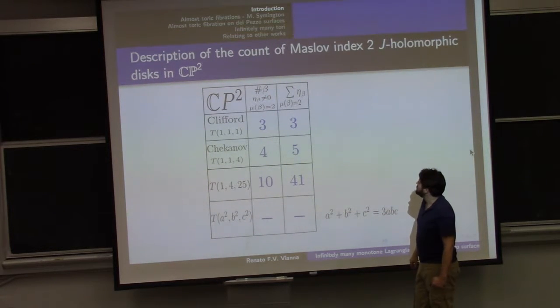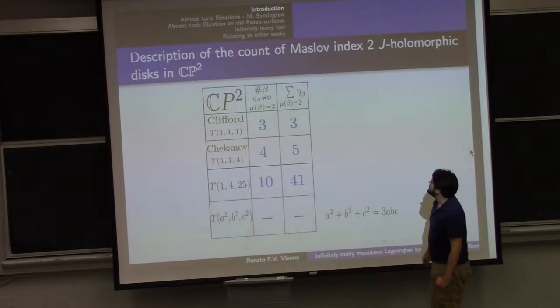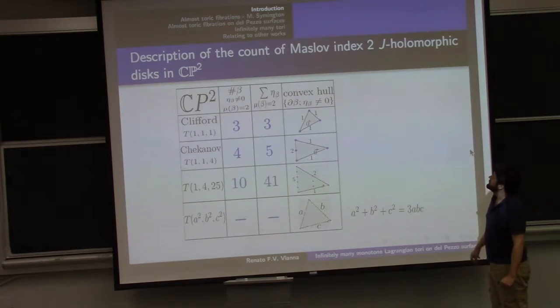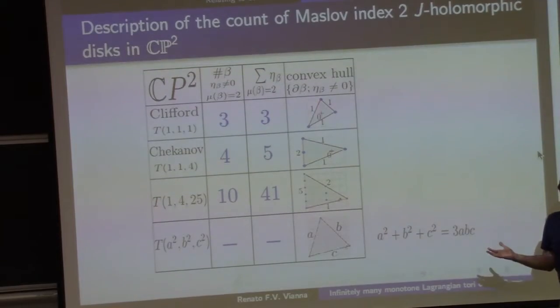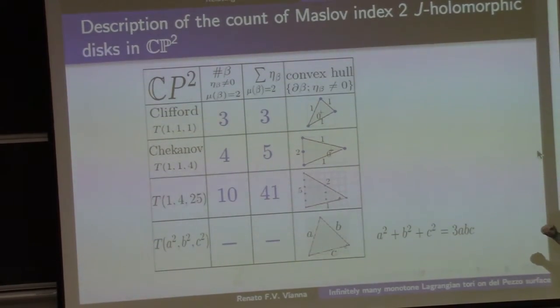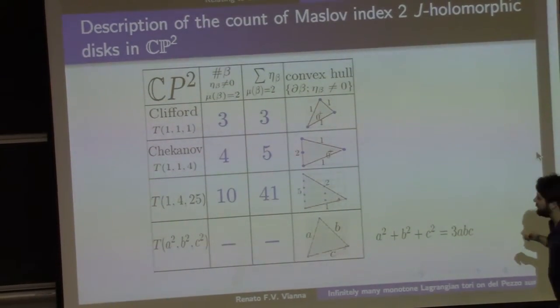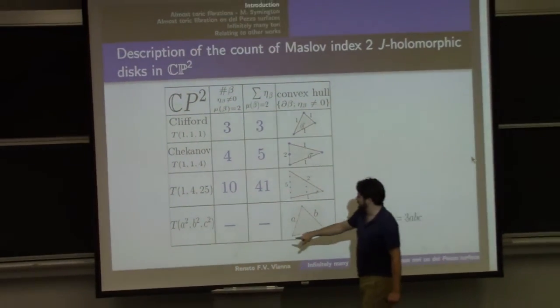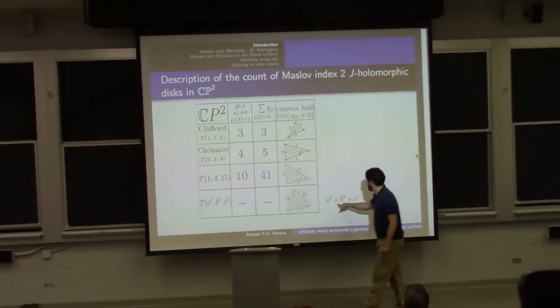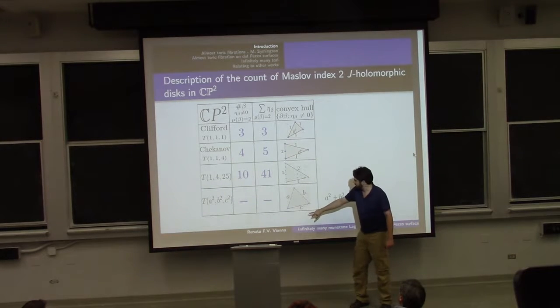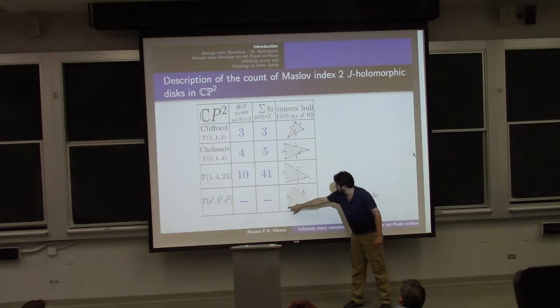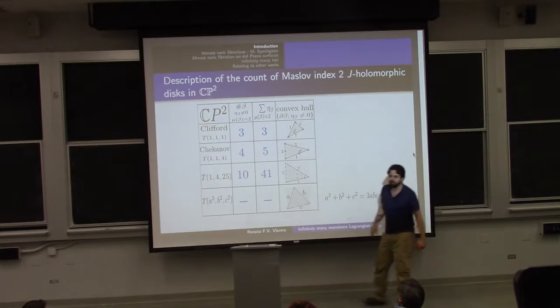So what I had to do was to instead describe what I call the boundary Maslov 2 convex hull, which is essentially the convex hull of the Newton polytope of the superpotential. And what's going to happen is that for these tori, which are indexed by the solutions of these Markov triple equations, I can prove that the convex hull precisely has affine lengths a, b, and c.